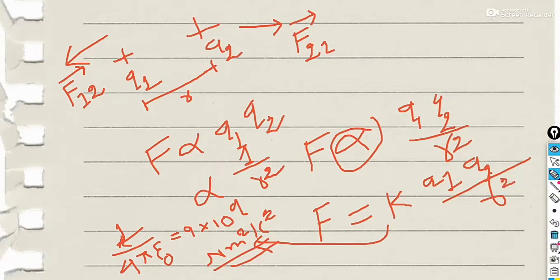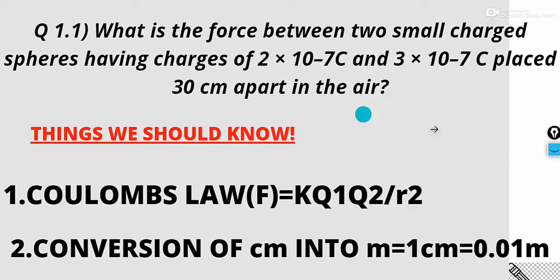If we move to the first question: what is the force between two small charged spheres having charges of 2 into 10 to the power minus 7 coulomb and 3 into 10 to the power minus 7 coulomb placed 30 centimeter apart in the air?